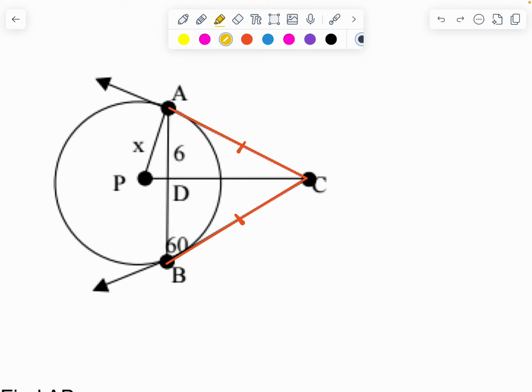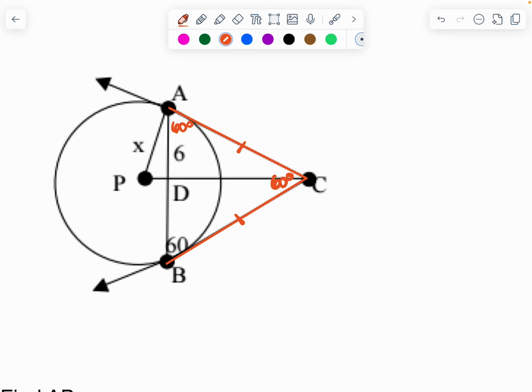So that means that our base angles must be congruent, which proves that this angle right here must be a 60-degree angle, right? And the whole triangle itself then proves that it's not just isosceles, it's also equilateral. So this whole angle up here, oopsies, must also be 60 degrees.